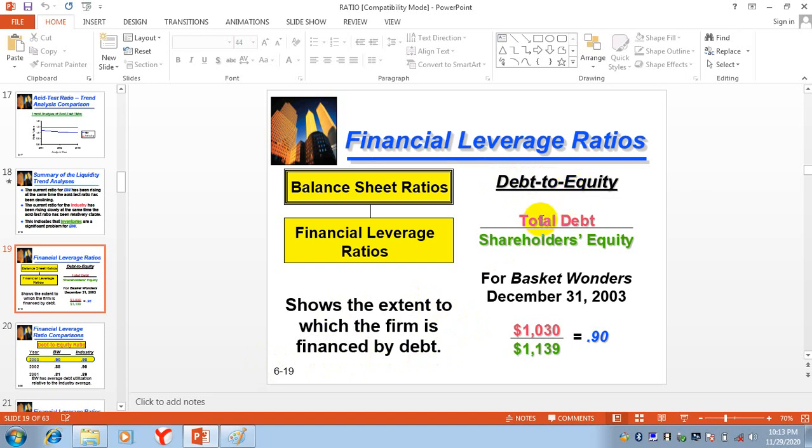What is the formula? Debt to equity is equal to total debt divided by shareholders' equity. For Basket Wonders, December 31, 2003, total debt is equal to 1030 and shareholders' equity is equal to 1139. So we are getting 0.90.